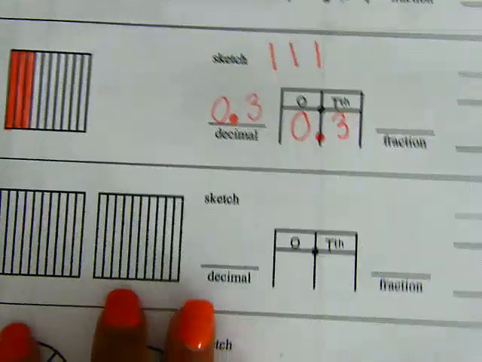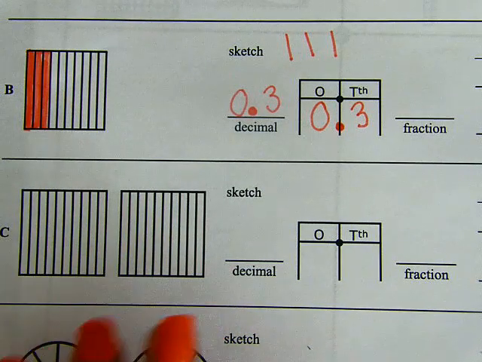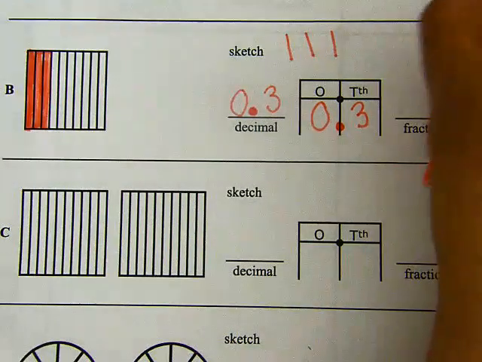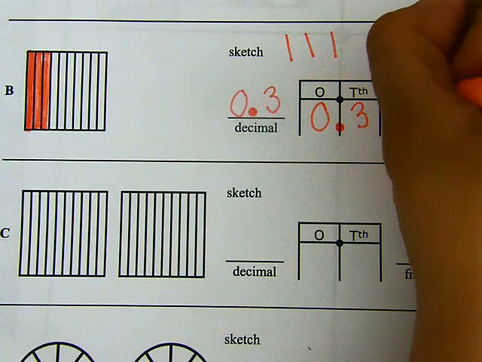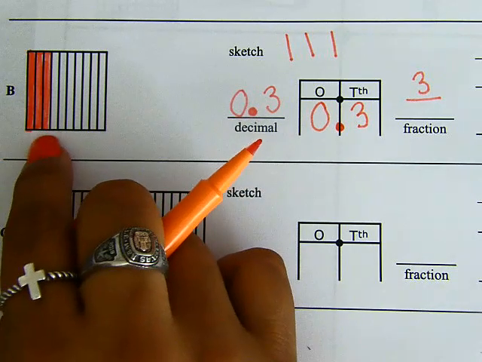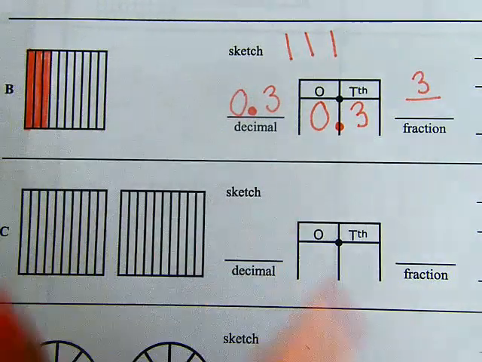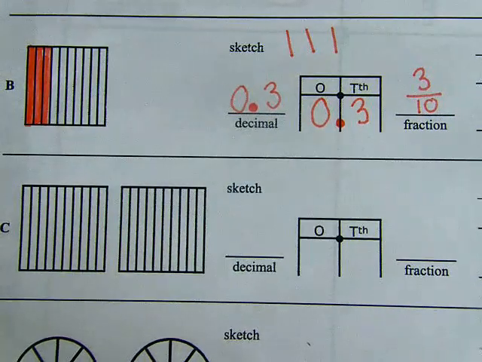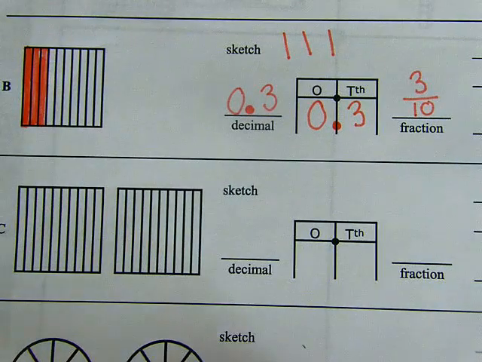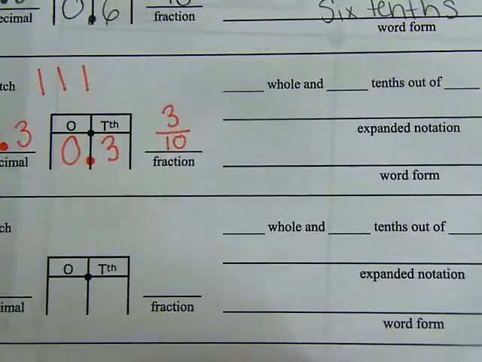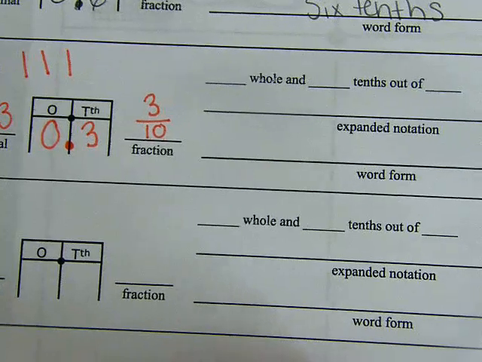Now we have to write this as a fraction. How many parts are shaded? Correct, that's 3. That's my numerator. And how many equal parts are there? Well, there's 1, 2, 3, 4, 5, 6, 7, 8, 9, 10. There are 10 equal parts. So this is 3 out of my 10 equal parts. This is 3/10. Again, we're going to look here.